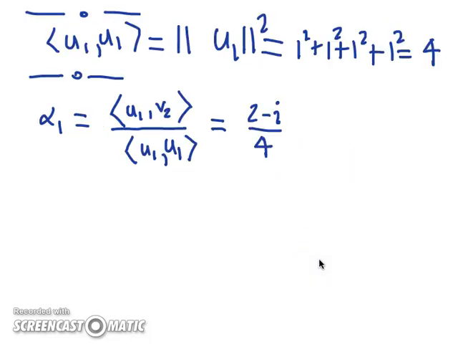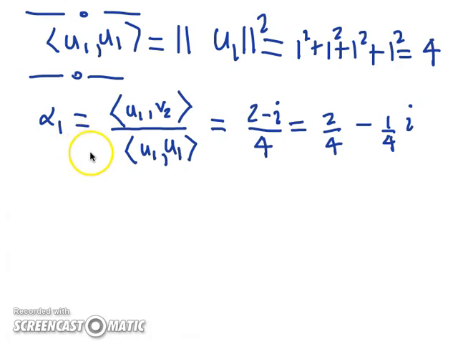So that implies that the scalar alpha 1, defined as the ratio of these two inner products, equals 2 minus i divided by 4, and from here we can rewrite this as 2 over 4 minus 1 over 4 times i, right? And 2 over 4 is 1/2. So there you go, this is an expression for that scalar, which is going to be a coefficient.